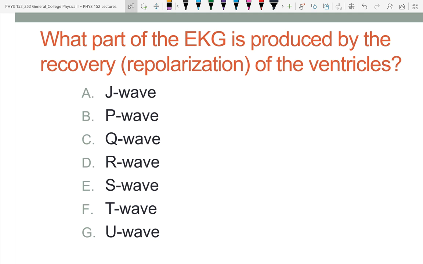Okay, we all answered. 2 said the P wave, and 18 said the T wave. Yes, you answered. I got you.